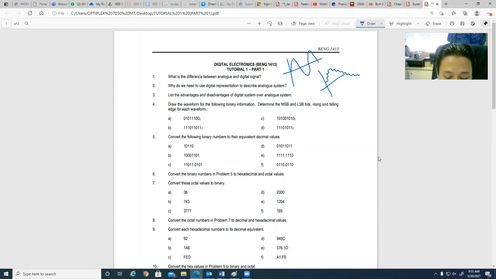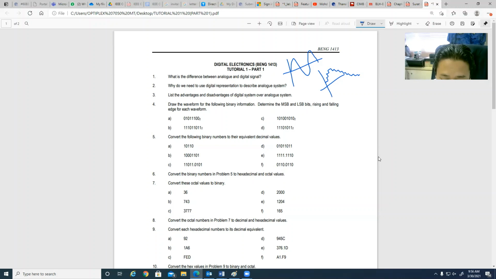Then the disadvantages or limitations of digital: the real world is analog, and the processing takes time. The process to convert to digital takes time, because there is a process involved to convert from analog to digital.